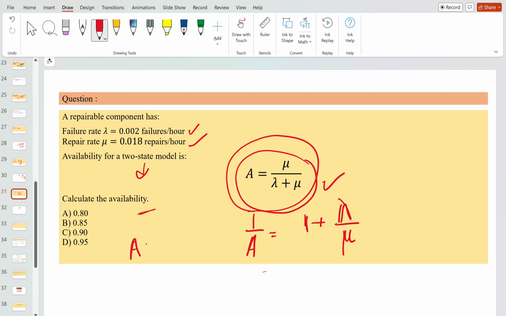Availability is equal to mu divided by lambda plus mu, and repair time, the overall time frame, is equal to 1 upon lambda plus 1 upon mu. So it will come out to be 0.9.